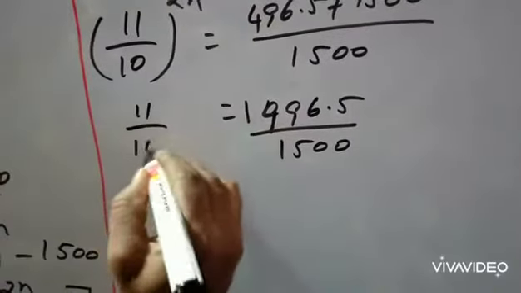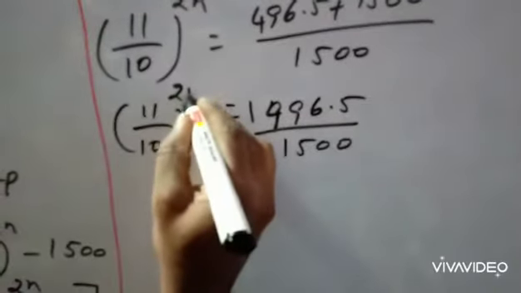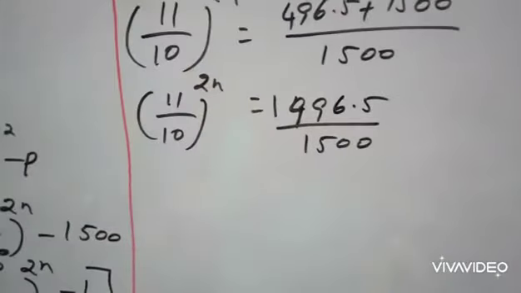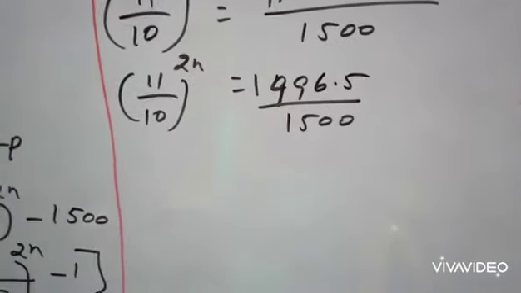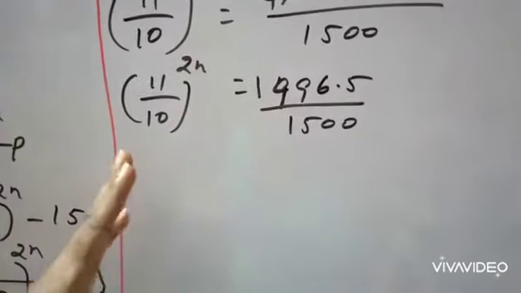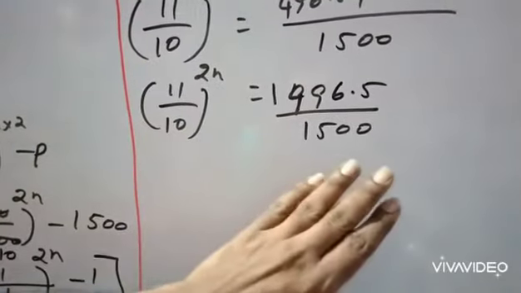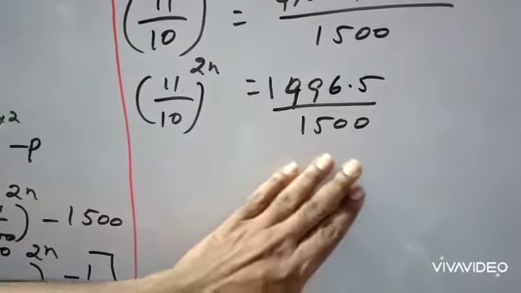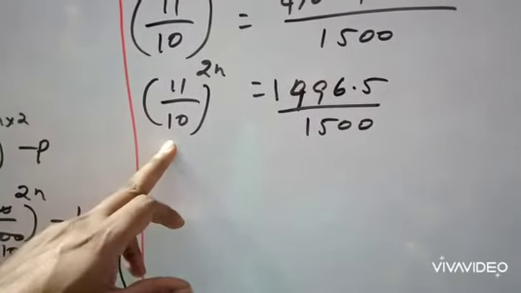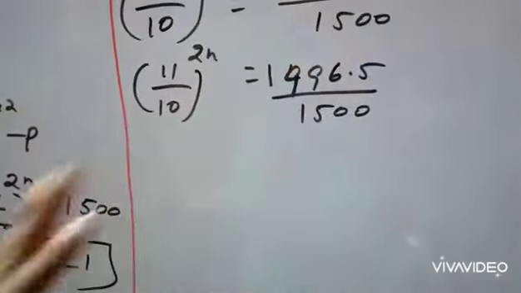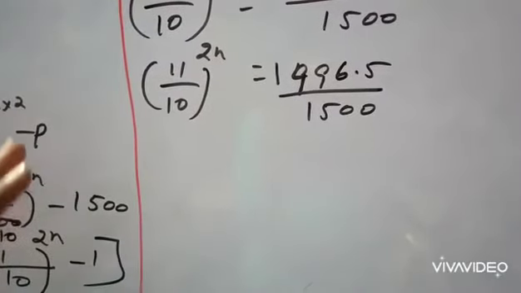So 11 by 10 power 2n. So we arrived at this. So now on the left hand side we have something power 2n. So on the right hand side also we need to come up with the same 11 by 10 power something. So how can we arrive at this?